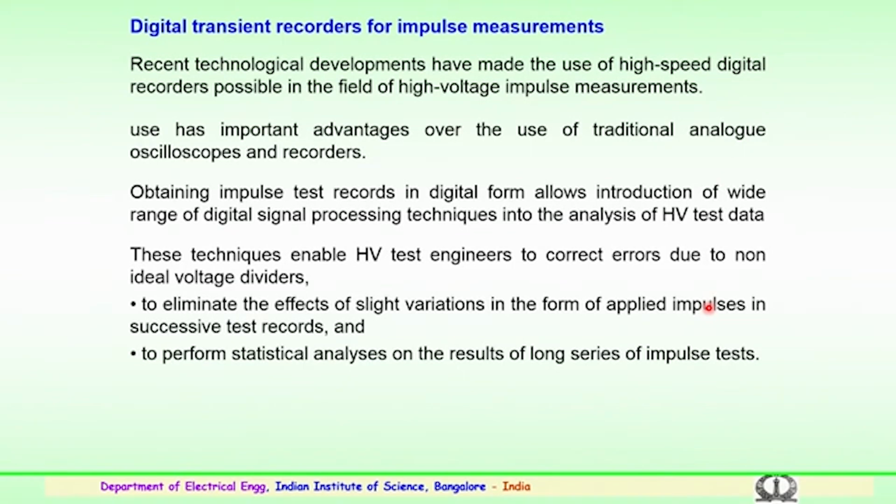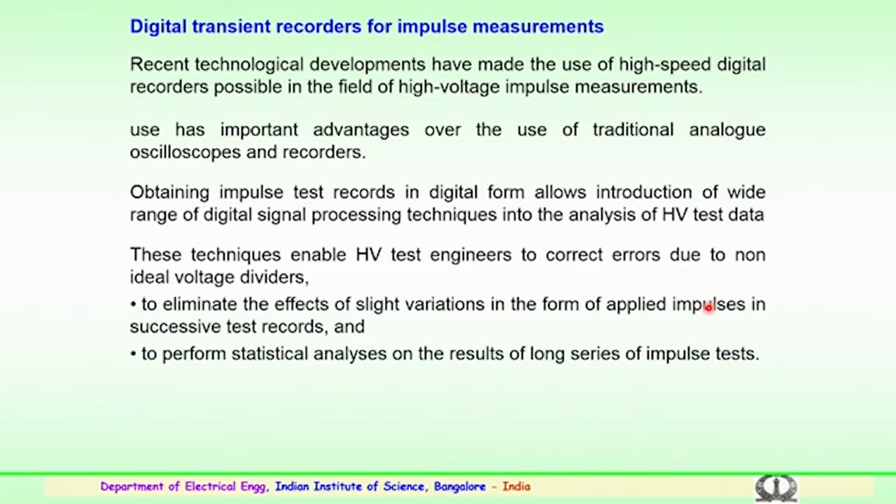An important advantage over traditional analog oscilloscopes or recorders is that impulse test records are obtained in digital form, and this allows the introduction of a wide range of digital signal processing techniques into the analysis of the high voltage data being collected.